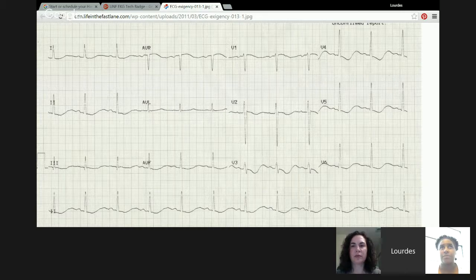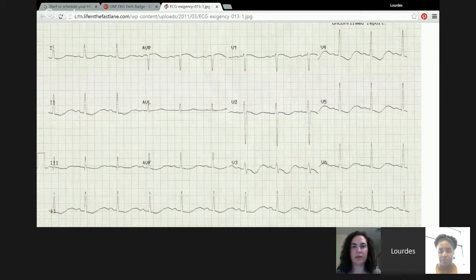And now looking for ischemia or injury, we'll do the inferior wall first, so that's leads 2, 3, and AVF. And there does not seem to be any significant elevation or depression in those leads. And then looking at the lateral wall, so that's leads 1, AVL, V5, and V6.